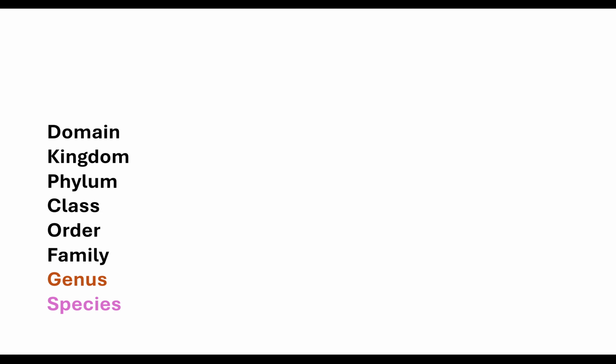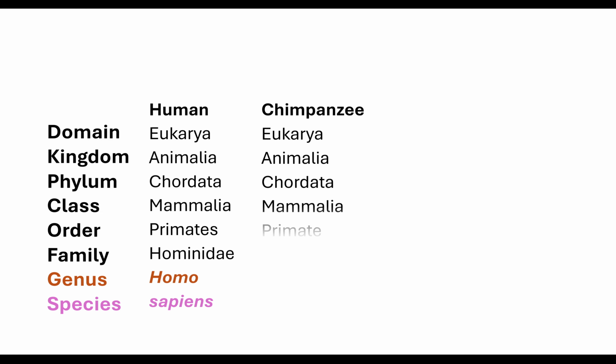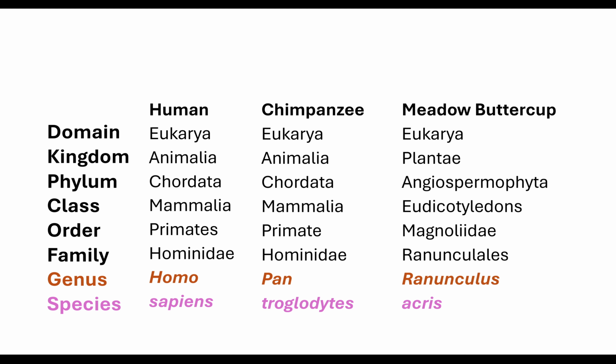So if we look at the different versions that we could have with regards to different organisms. If we're looking at classifying a human or a chimpanzee or the meadow buttercup, we will see that they are all within the same domain. They are all within the domain of Eukarya. As we move down through the taxons, we will start to see that they separate out.